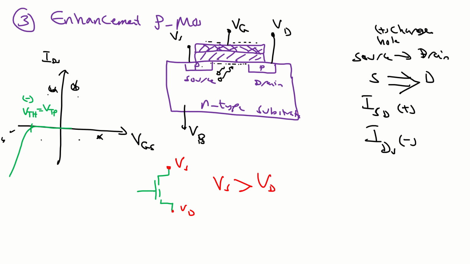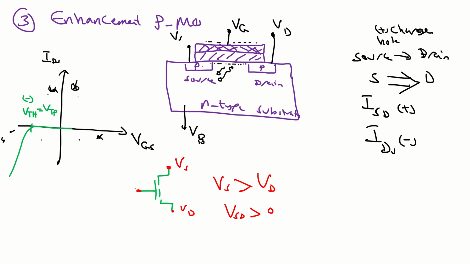Why is that? Of course this is true. Because VS should be more than VD to force the positive charges to move from the source to the drain. This is why VS is greater than VD, or you can say VSD is greater than 0.